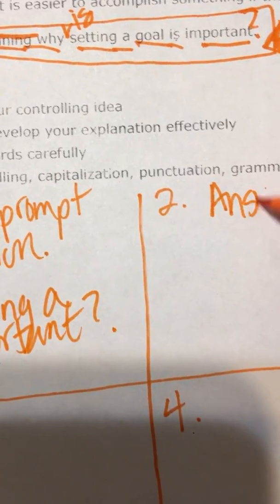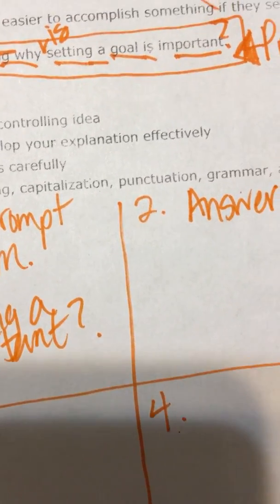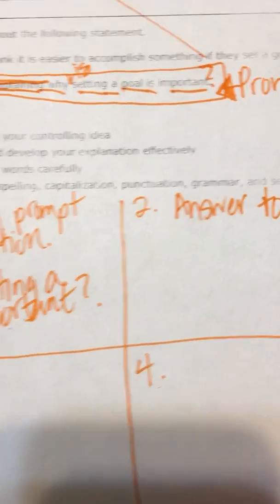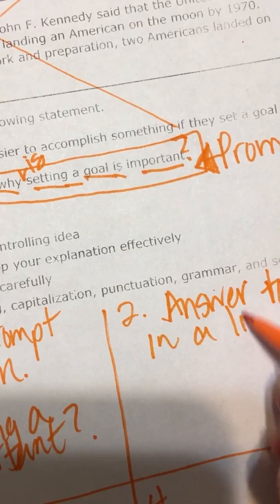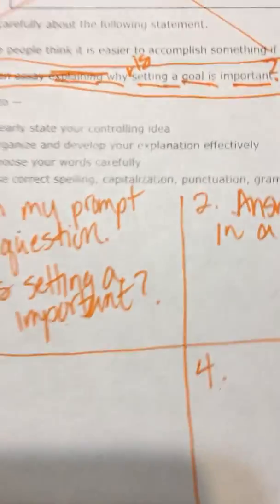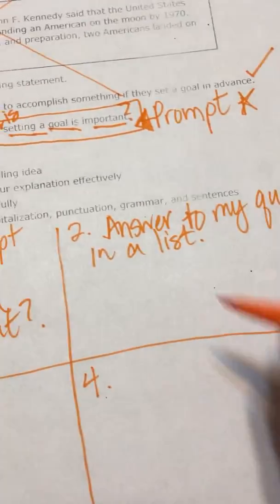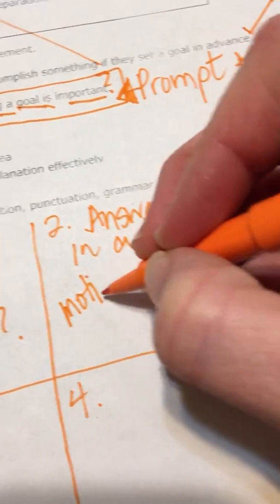Now for my second box, there's my question. My second box is going to be an answer to my question in a list. Okay? So I can think about this. Why is setting a goal important? Well, I'm going to brainstorm. I think setting a goal can motivate you.